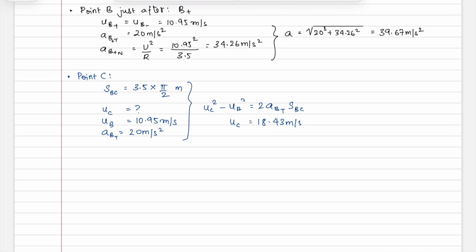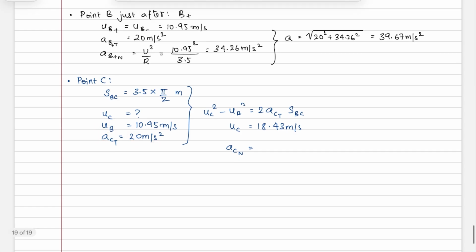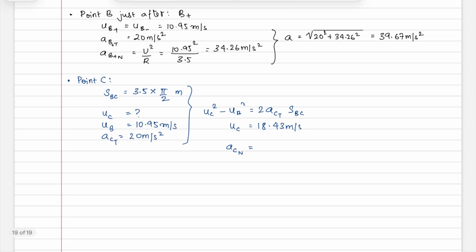So at this point, you have the tangential acceleration that's still given to you, and the normal acceleration that is, well, I think I made a mistake in writing down the index. It should be C everywhere. Yeah. So it was the tangential acceleration that was at position C. Now the normal acceleration at position C, you can use v squared by r or omega squared r.